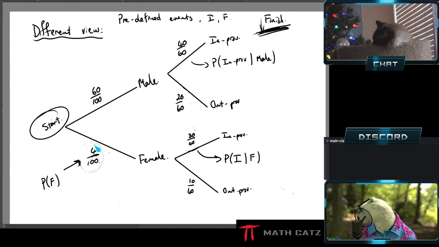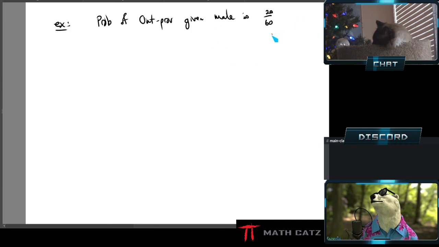Sometimes what they are asking for, whether it's a conventional probability or a conditional probability, it's already on the tree. I've actually already done the work, and now I can just reap the benefits and write it down.